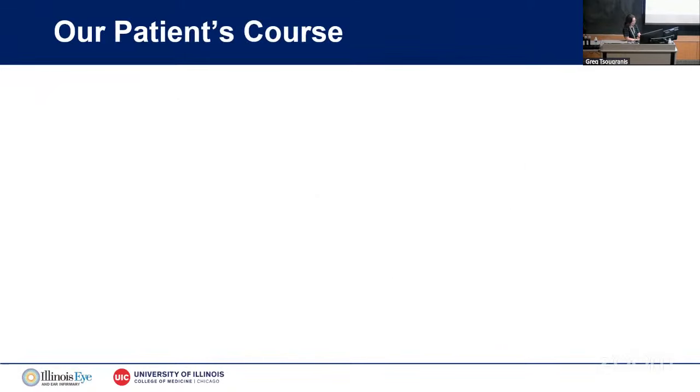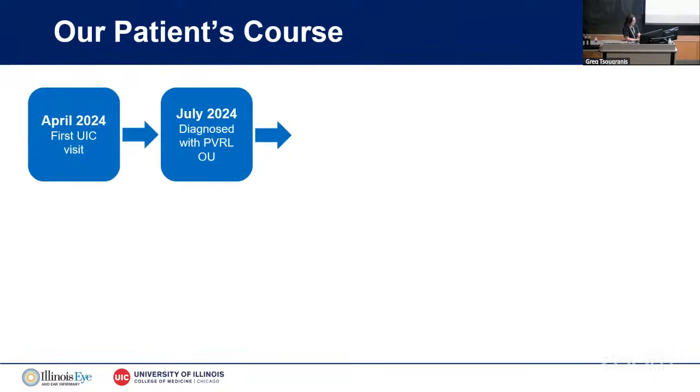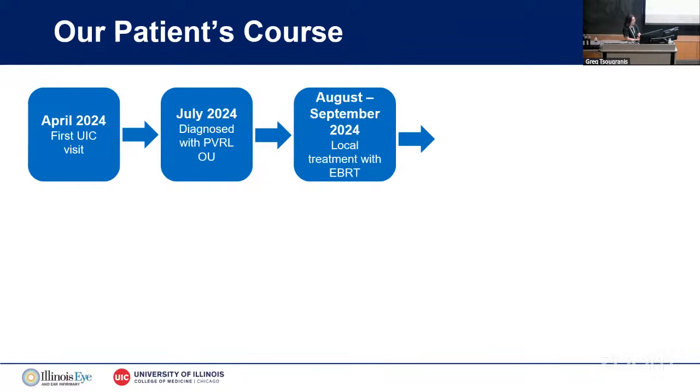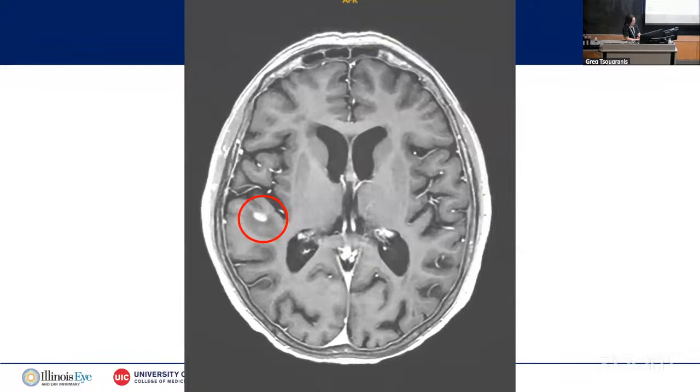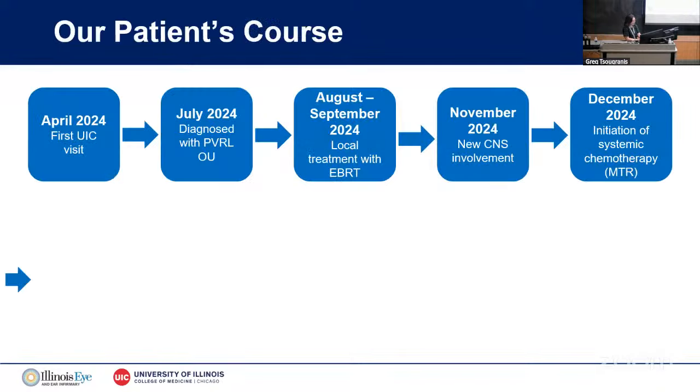So to go back to our patient briefly, she came in April and was diagnosed in July. We did local treatment with external beam radiotherapy, which was selected because she had bilateral ocular involvement. In November of 2024, on screening MRI, she did have new CNS involvement, which we see here in the temporal lobe, and there was also a cerebellar lesion.